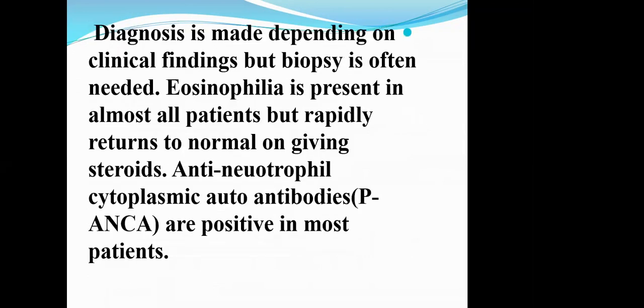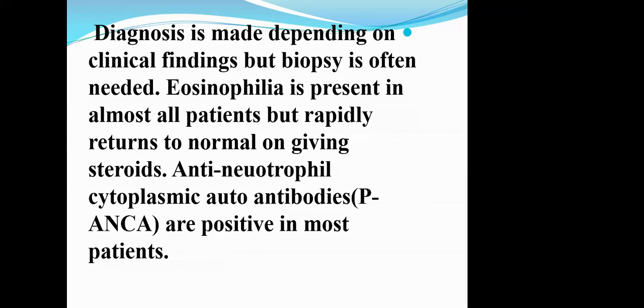Diagnosis depends on clinical suspicion plus biopsy and eosinophilia, but the eosinophilia is not so highly elevated. Anti-neutrophil cytoplasmic autoantibodies, perinuclear ANCA, are positive in most of such patients, which is an autoimmune autoantibody.